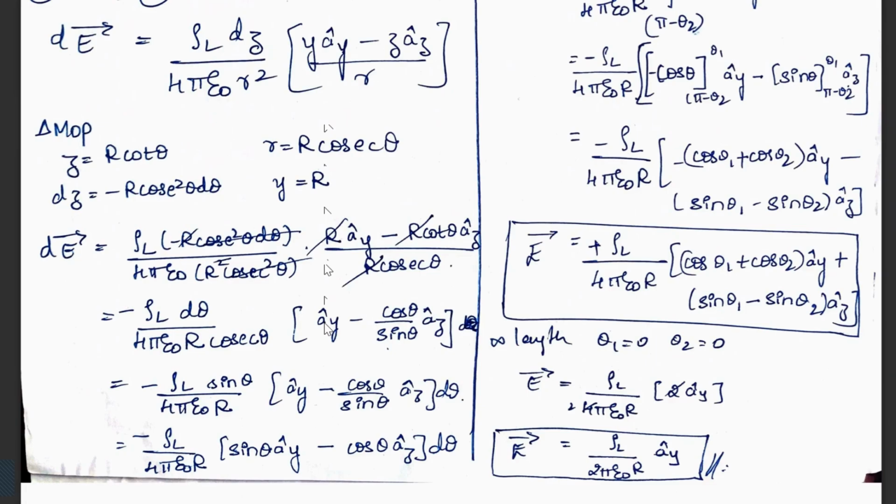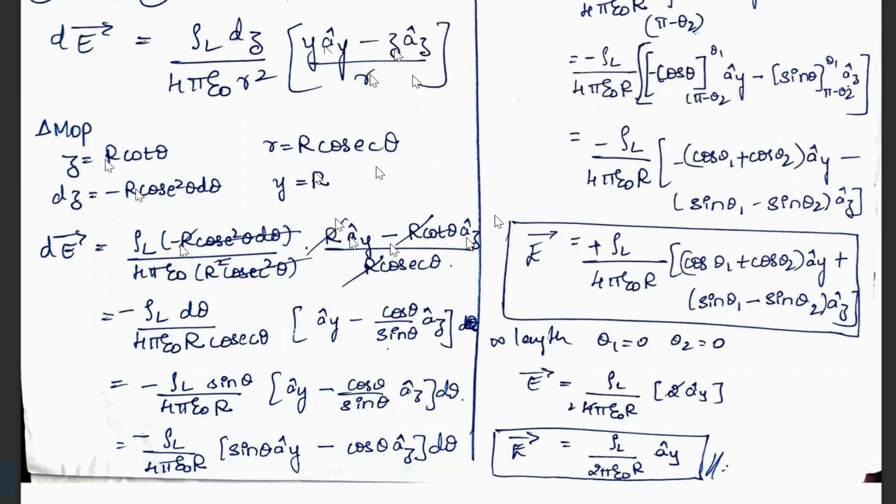We have to substitute all these things in the above equation, where rho L is the same. dz here is minus R cosecant square theta d theta, divided by the denominator. What do we have? r is R cosecant theta, that becomes R square cosecant square theta. Now y ay cap, y is replaced as R, ay cap minus z az cap, where z is R cot theta, divided by small r, which is R cosecant theta.